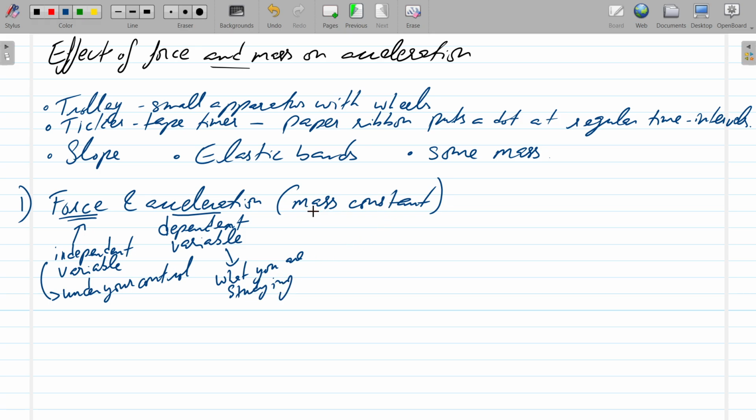And then the mass is the constant, because we will learn that mass also has an effect on acceleration. But if there is more than one independent variable, it becomes difficult to reach a conclusion based on the results you get, because you won't know, did this happen because I changed the force, or did I change the mass, or what's going on?